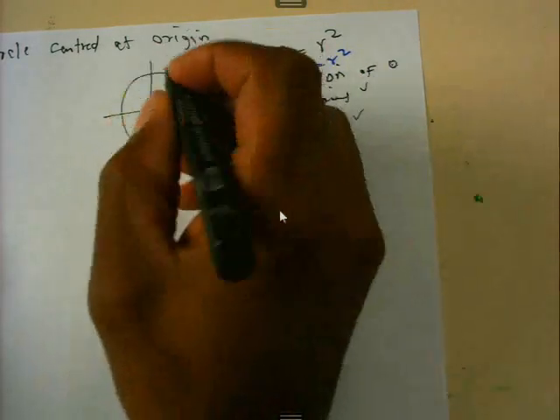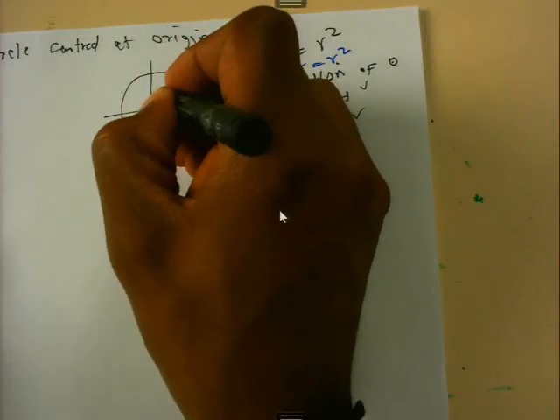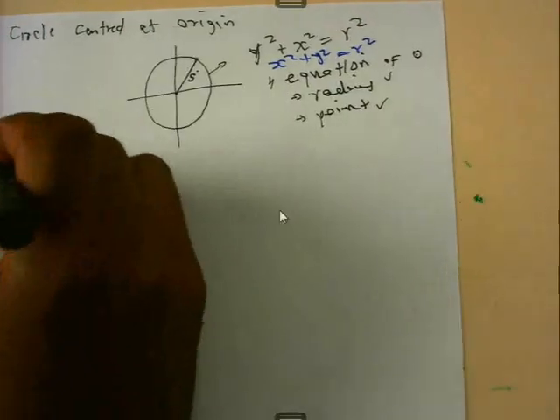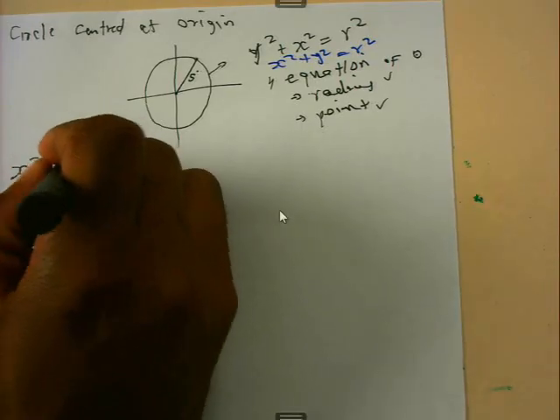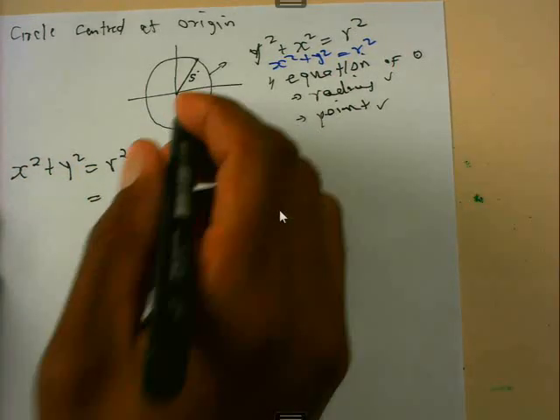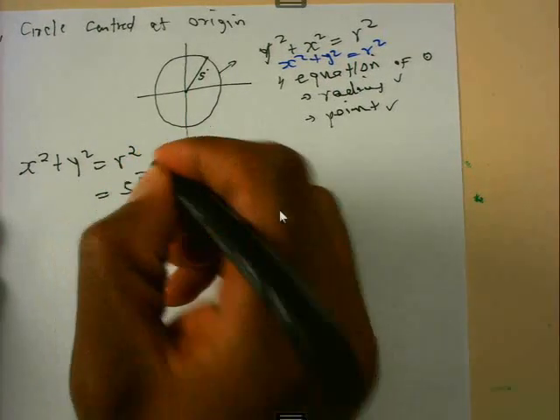Maybe just to emphasize the issue of the radius as well as the point on the circle here. If I have to make an example here, if we are given that the radius here is 5, now it will be easier for you to determine the equation, because the only thing that we need in this equation, x squared plus y squared is equals to r squared, is just to substitute r with what? With 5. Just substitute r with 5 and then you square it there.